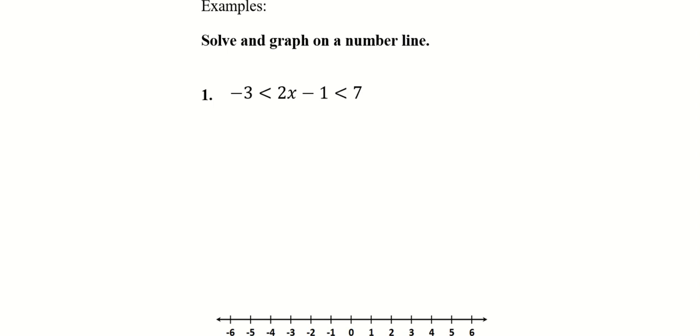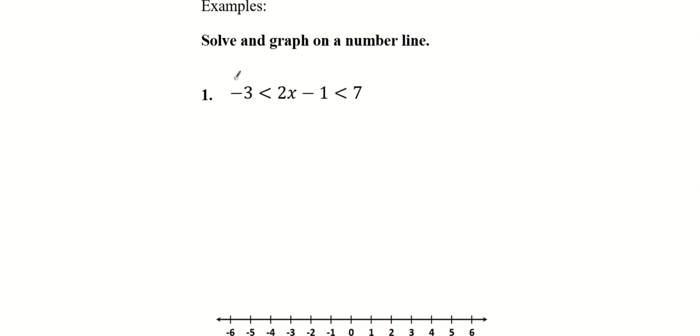But, okay, anyway, here we go. Some examples. First, we have to solve and then graph on the number line. Well, look at this. -3 is less than 2x minus 1, which is less than 7. There's two inequalities here, but they're kind of smushed together with a couple of less thans. So what did I tell you over the last few minutes?